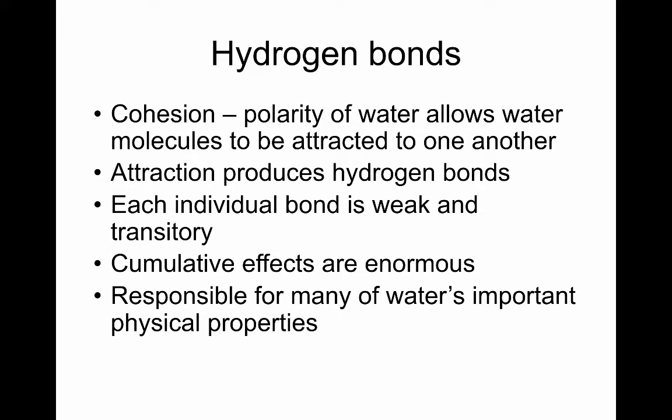When those water molecules are attracted to each other, the bonds of attraction are called hydrogen bonds. The partial positive hydrogen on one water is attracted to the negative charge of the oxygen on the other water. It's not a bond in typical terms where electrons are being exchanged or shared. It is just a bond of attraction.